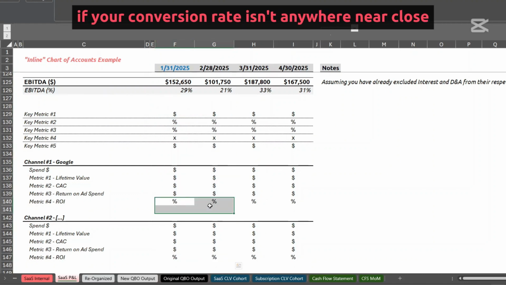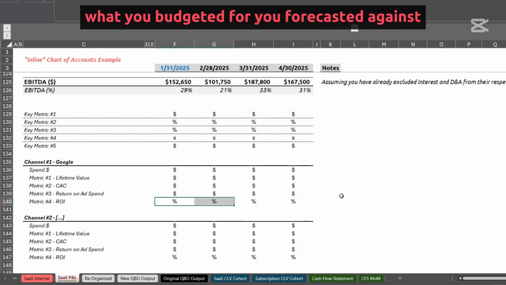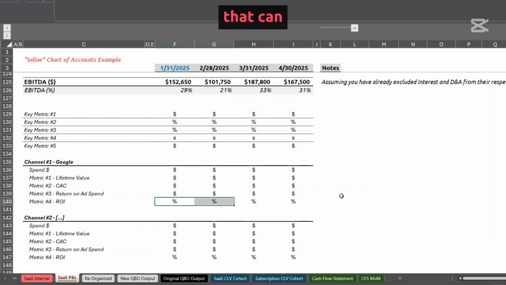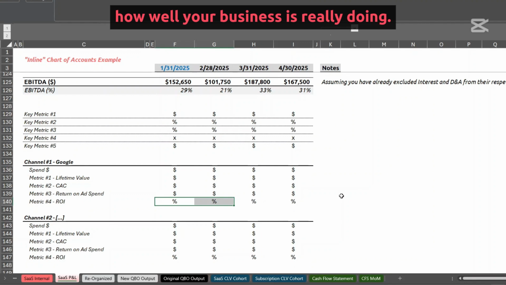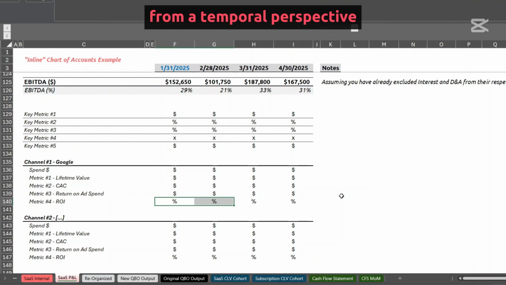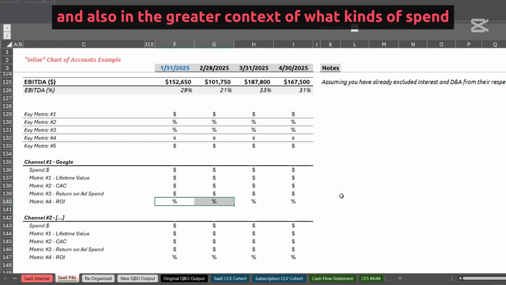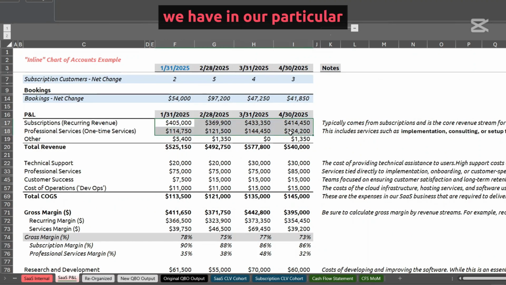If your conversion rate isn't anywhere near close to what you budgeted or forecasted against, that can materially change your outlook and perspective on how well your business is really doing. And that to me is where a ton of value is added in tracking these metrics from a temporal perspective, and also in the greater context of what kinds of spend we have in our particular departments here.